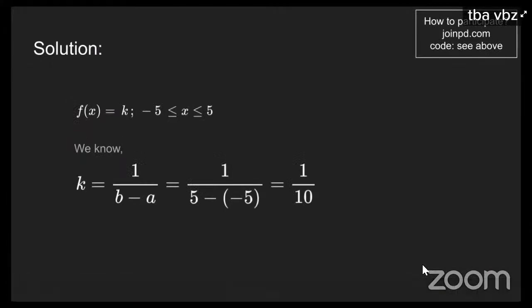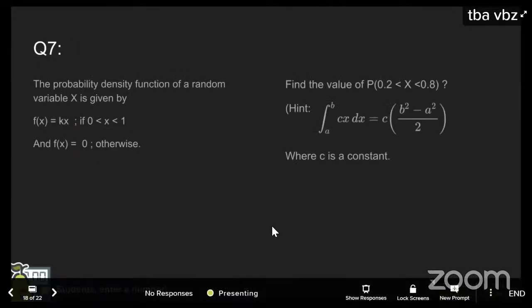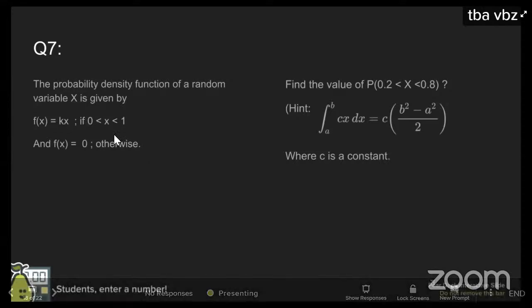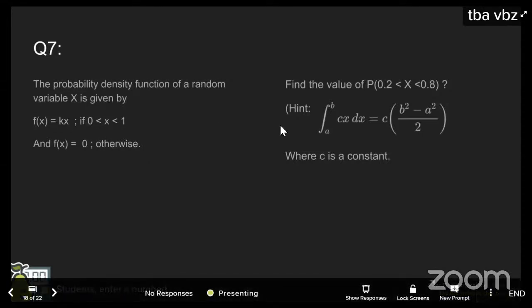Okay, proceeding further. Question number 7. This is the second last question for today. The PDF of random variable x is given by this. You don't know the distribution name here from the context given. Your PDF takes the value k times x whenever x is in the range of 0 to 1.